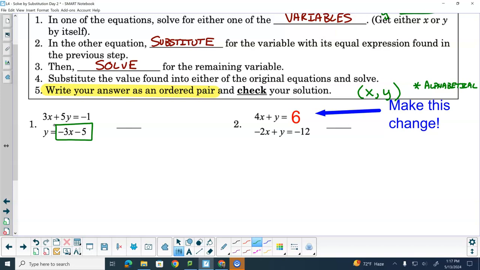Where are we going to put it? Where? Am I going to replace this?